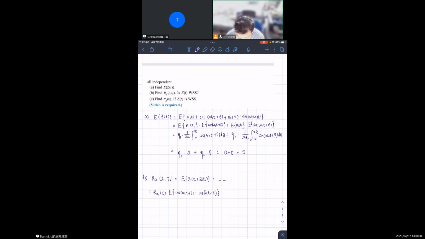Another one is for the sine. With both sine, we have R_N2 multiplied by the expected value of sine(omega_c t1 plus theta) multiplied by sine(omega_c t2 plus theta).